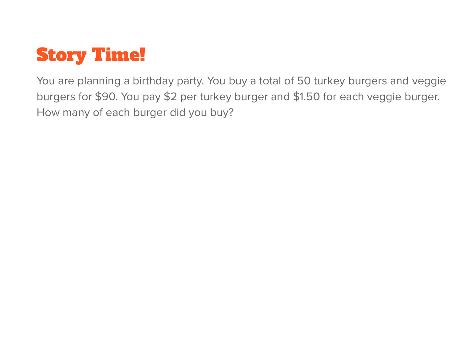All right, well, let's give each of these some variables. I'm going to call turkey burgers T, and veggie burgers, you probably guessed it, V. Okay, here's what I know. The amount of turkey burgers plus the amount of veggie burgers has to be equal to 50.